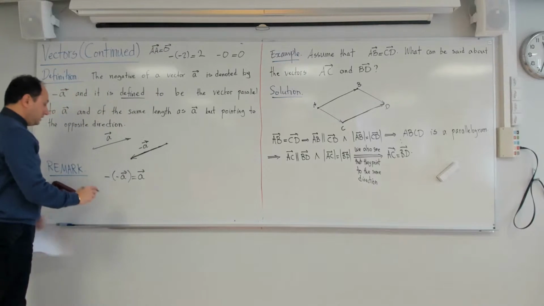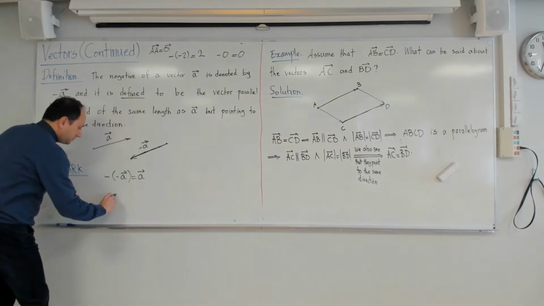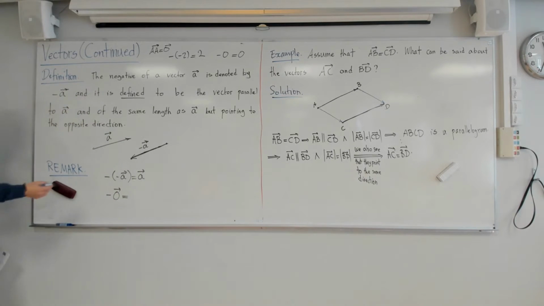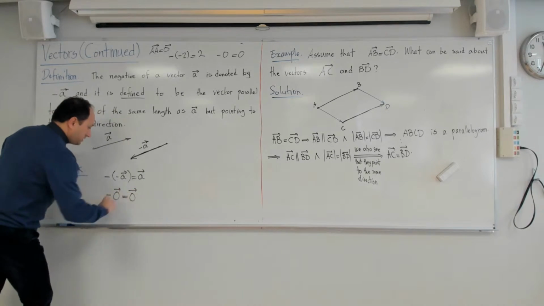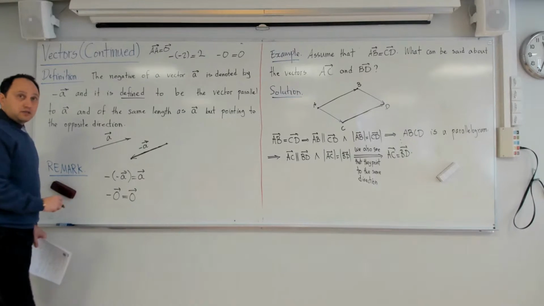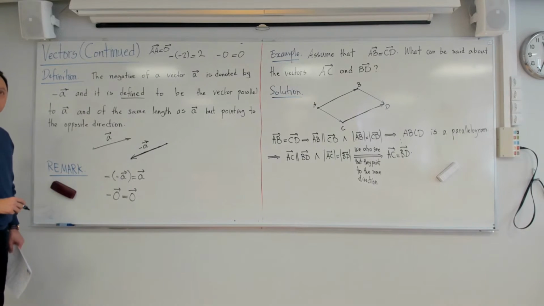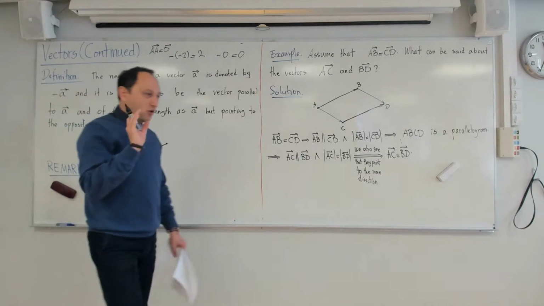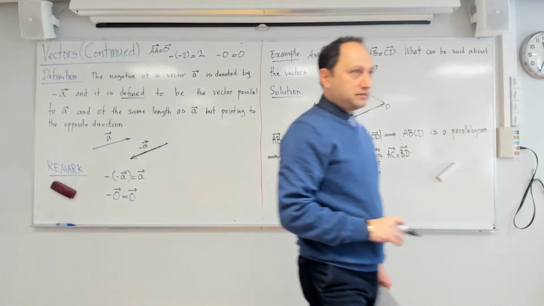Now, what happens if I negate the 0 vector? It's a little strange, but that's the 0 vector itself. You might say there is no direction associated with the 0 vector, you're right, but intuitively it's clear this should be the case. But can it be called a vector if it doesn't have a direction? Yes, that is the only vector without a direction.